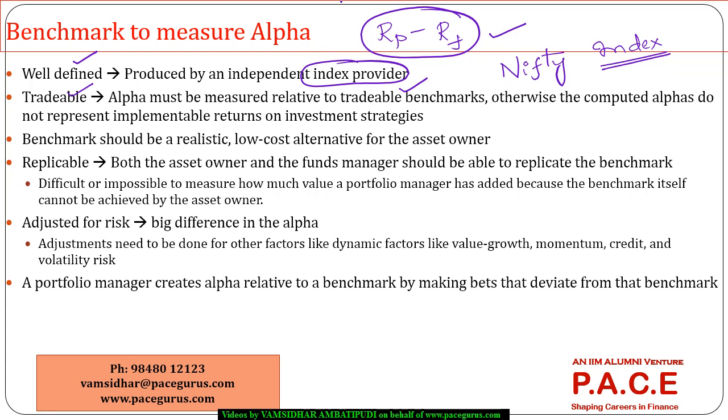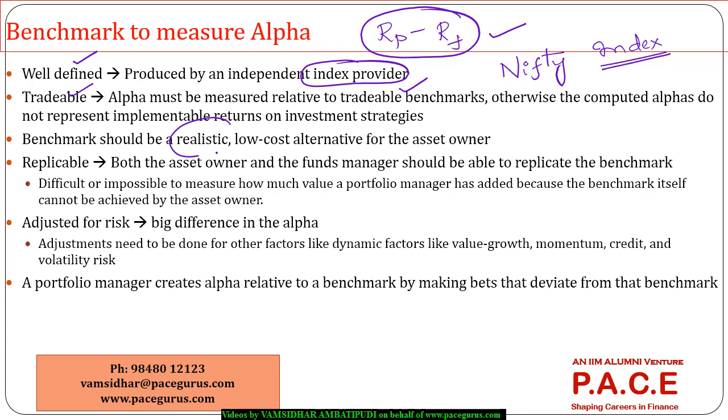It's not a static kind of stuff. Otherwise, whatever alphas I am computing become more and more theoretical. They don't become practical, implementable returns. So that's where we ensure that whatever value we are setting as a benchmark should be tradable.